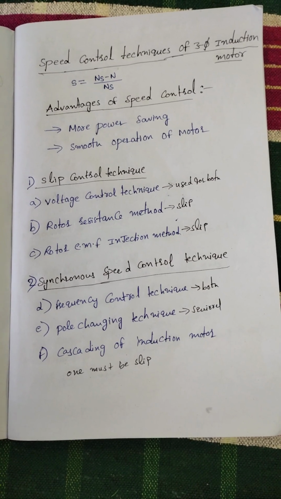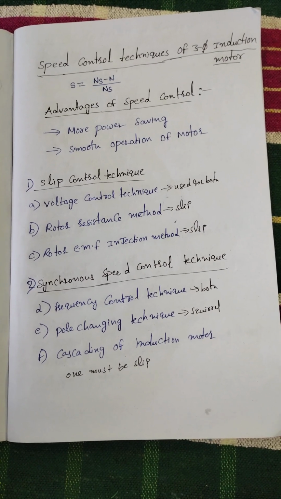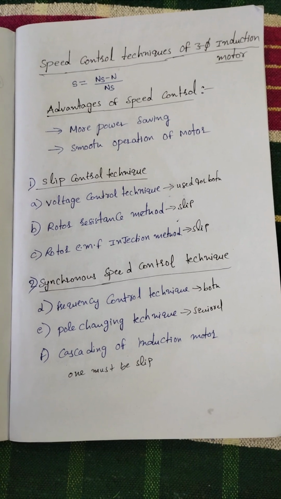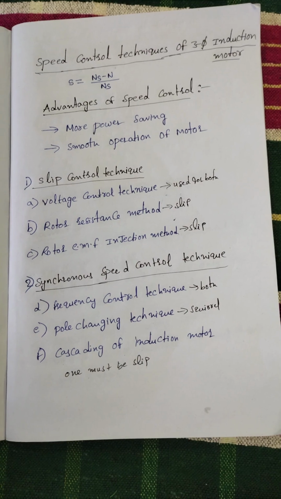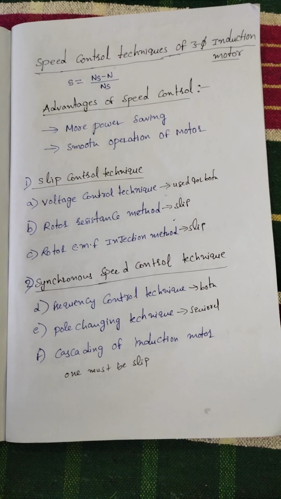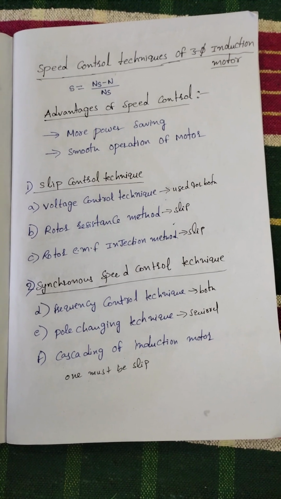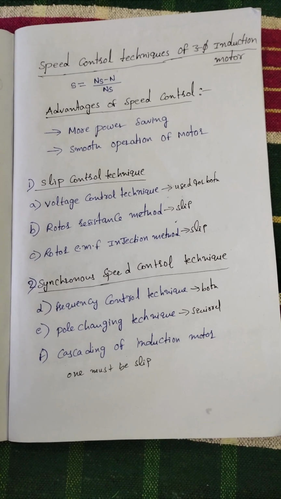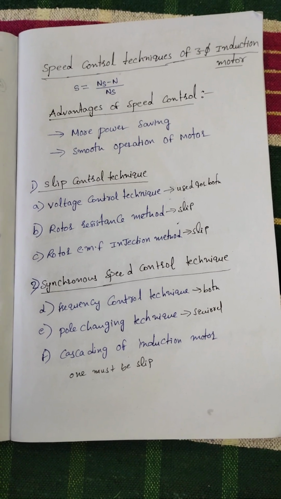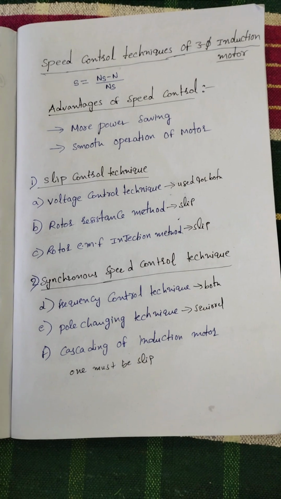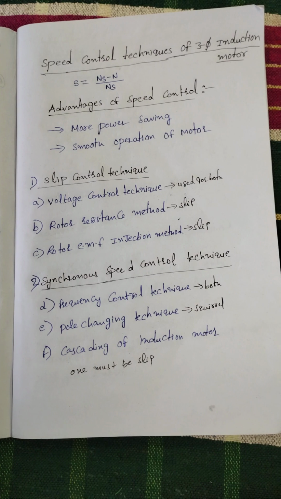The second one is the pole changing technique, which is used for squirrel cage induction motor only, because in squirrel cage the rotor poles automatically change when the number of poles of the stator changes. But in slip ring induction motor we have to change poles physically. So the pole changing technique is only used for squirrel cage induction motor.